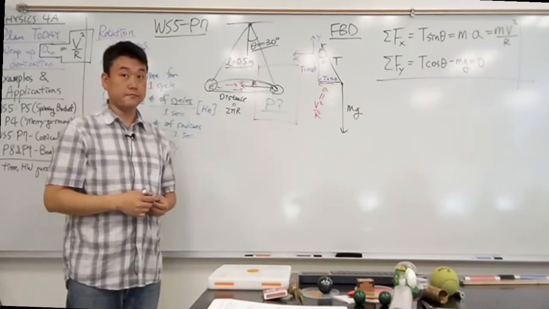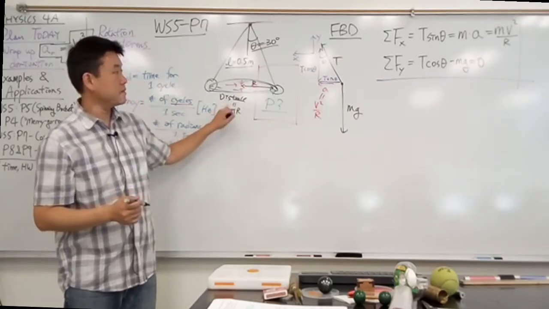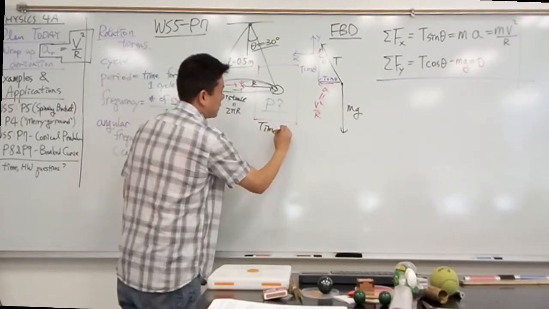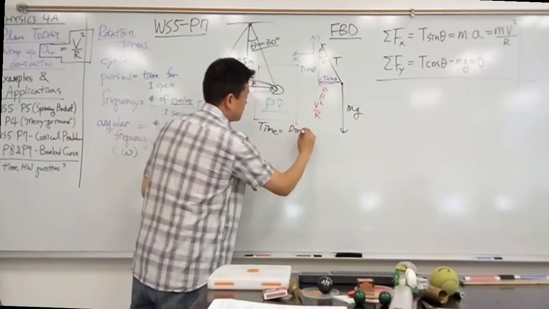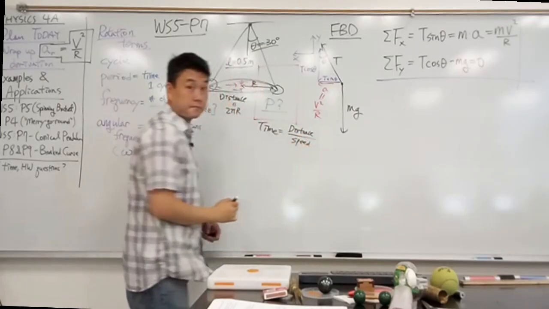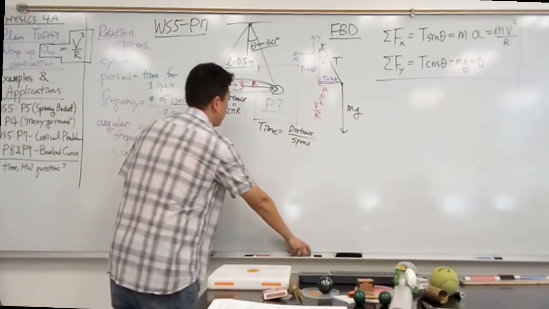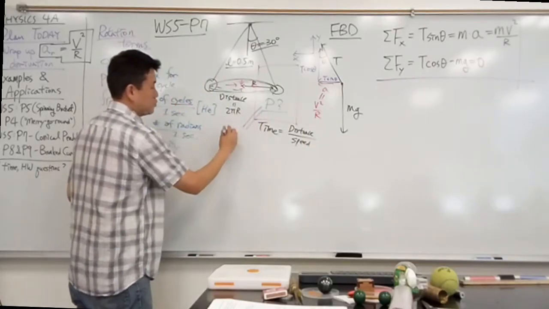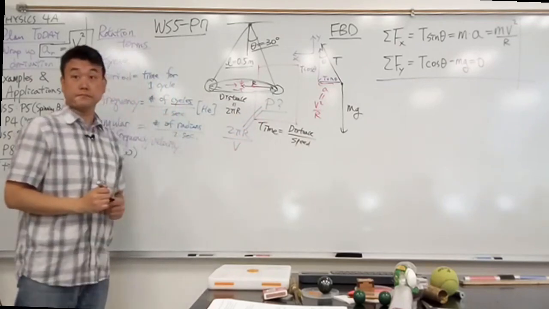Then we can find the time from the velocity. Yeah, so I know the distance, I know the velocity. The time taken is distance divided by speed, right? So remembering this, the period must be equal to distance, 2 pi r, divided by speed, v.